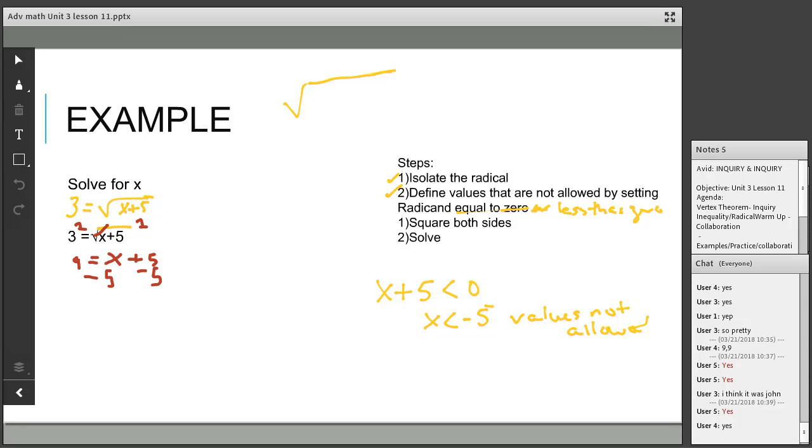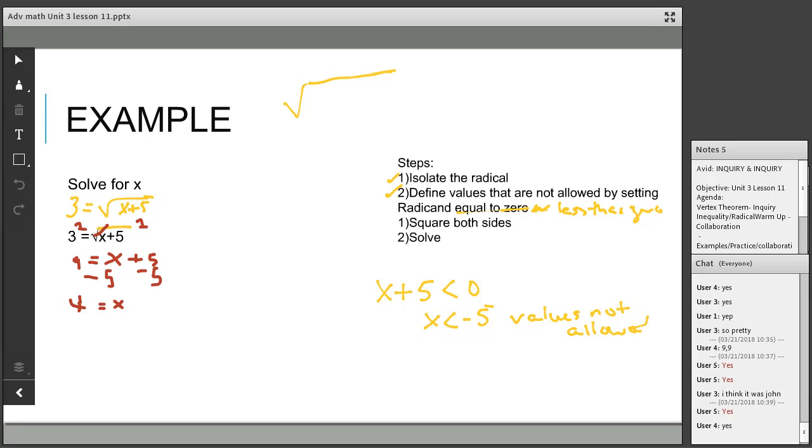He squared both sides and got 9 is equal to x plus 5. Now he's getting the x by itself, subtracting 5 on both sides. We end up with 4 is equal to x.